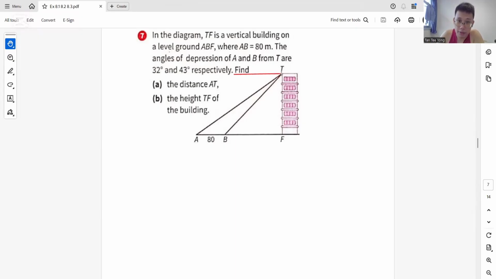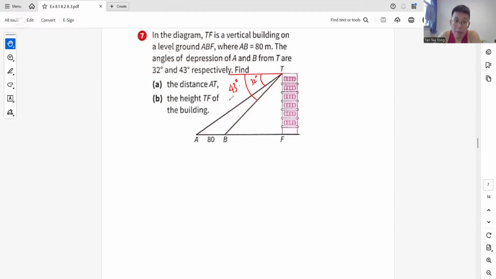So 32 degrees is this, because that's for A. Maybe I should write smaller. And for B, it is 43 degrees. Yes, that's what they meant.